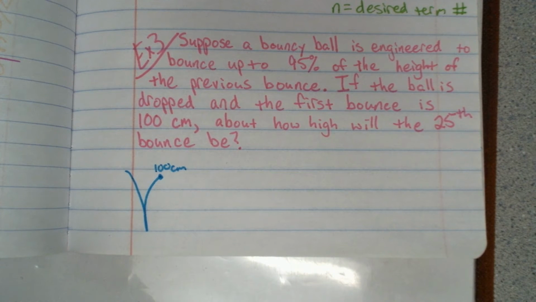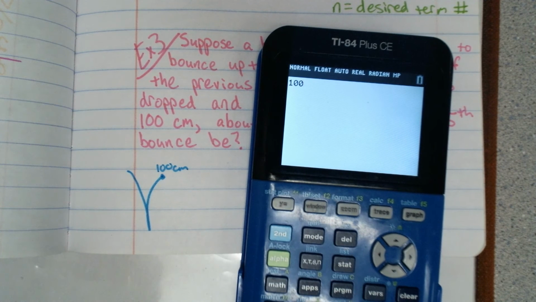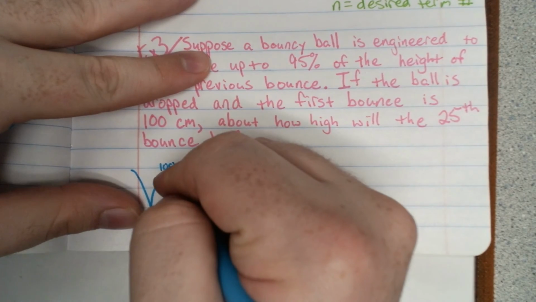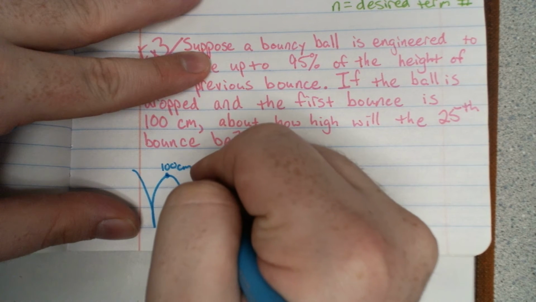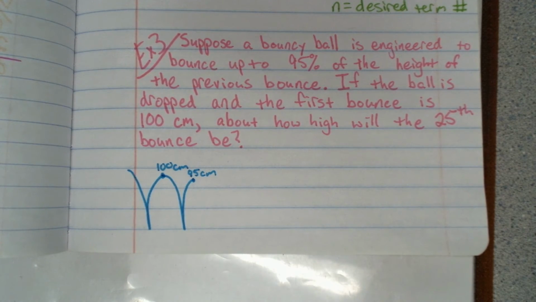And we want to know the height of the 25th bounce if it comes up 95% of the previous height. So we can kind of follow along. If we want to find 95% of something, we're multiplying by 0.95. So the next bounce would come up to be 95 centimeters, so very close still. And we could keep going, keep going, keep going.